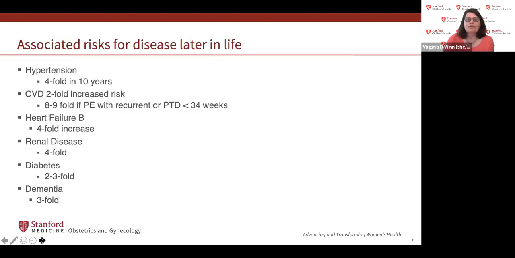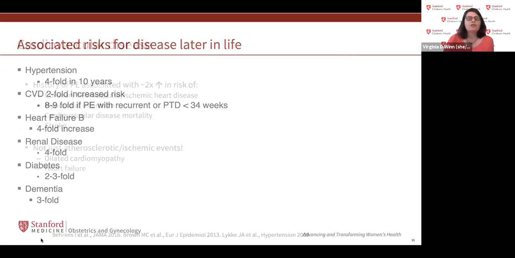There's also an increased risk of asymptomatic heart failure or heart failure stage B, renal disease, diabetes, and more recent data looking into a connection with dementia. My goal is to go over some of the data to highlight these associations, provide some guidance in terms of preventative approaches, and end with some common sense recommendations.